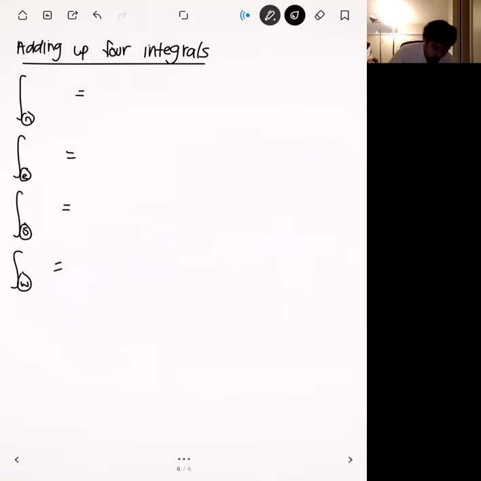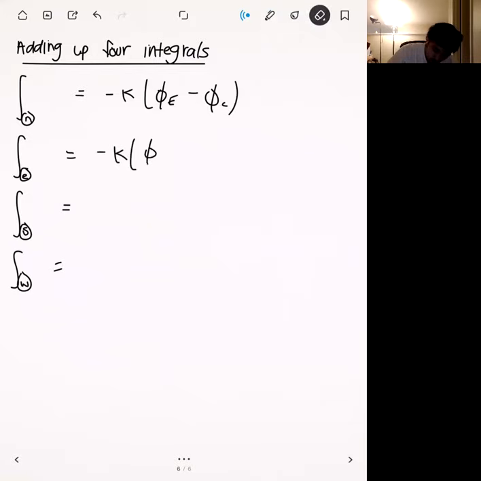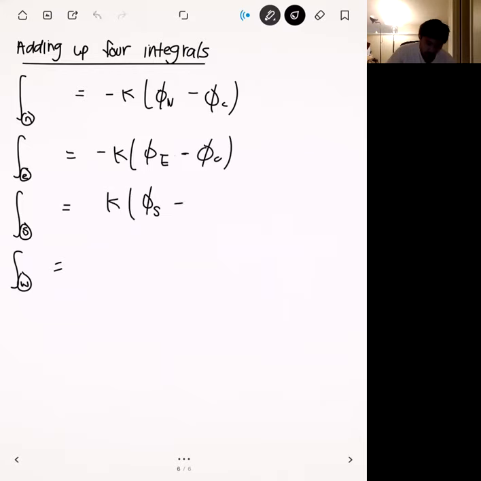So this is going to be a minus k, phi north minus phi c, this is a minus k, phi e minus phi c, a positive k, phi c minus phi south, and a positive k, phi c minus phi w.